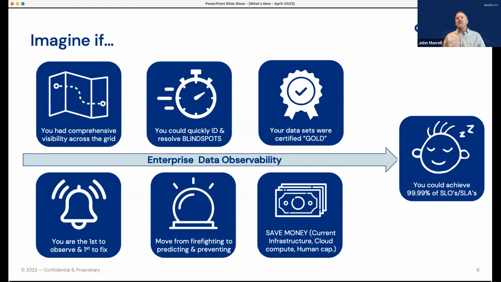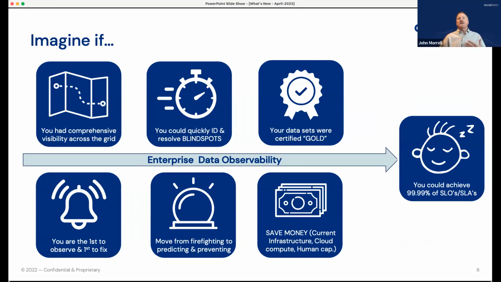And your data could end up being of a great level of quality, and so you can certify it as gold standard. And your data engineers and your data teams are the ones to understand when problems happen and get alerted to when problems happen. And you can be the first one to fix them.